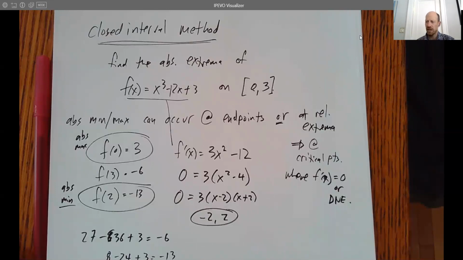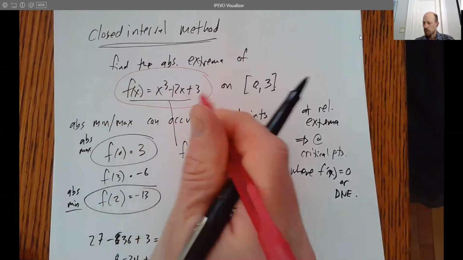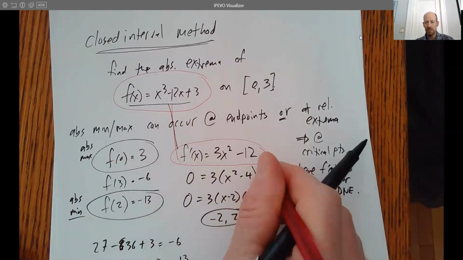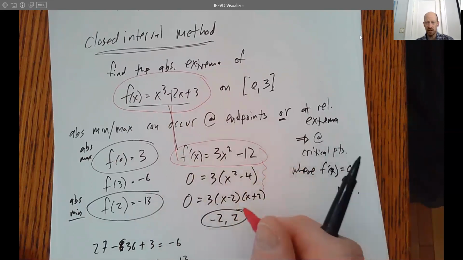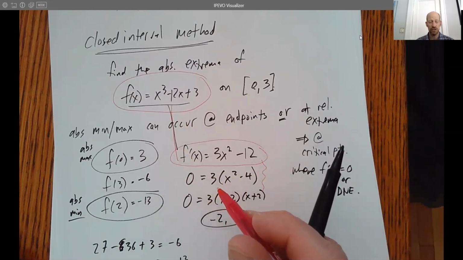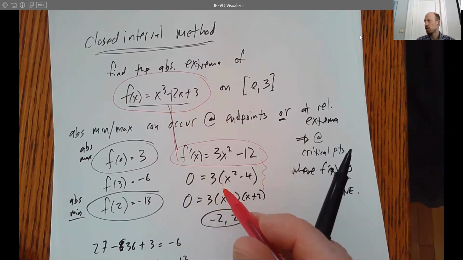The challenge then will be as your function changes and you take its derivative, you will sometimes have some challenges in solving where it's equal to 0. So if it had a sine in it or a natural log function, those may become a little harder to solve for.